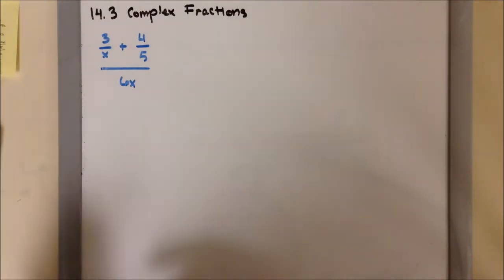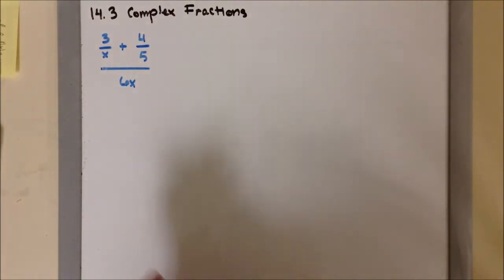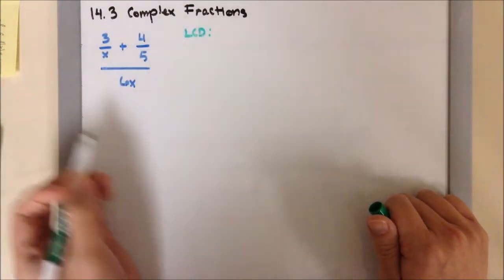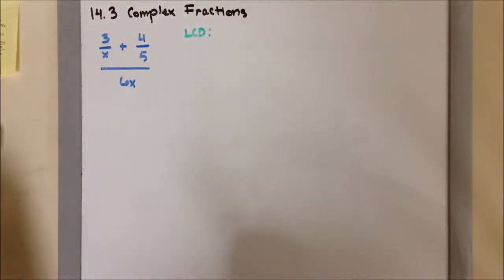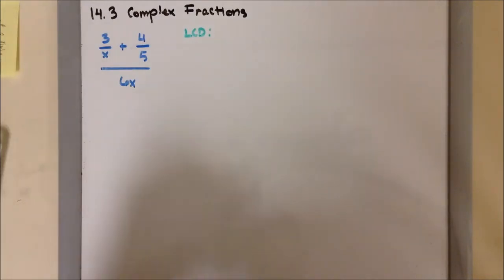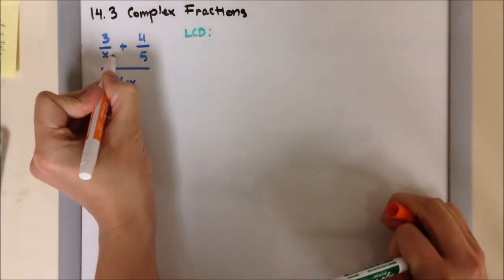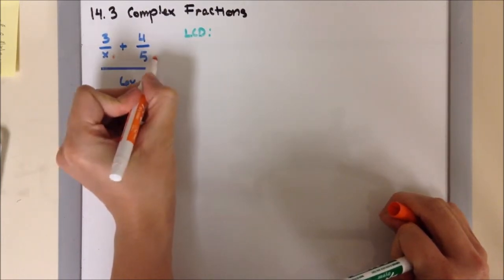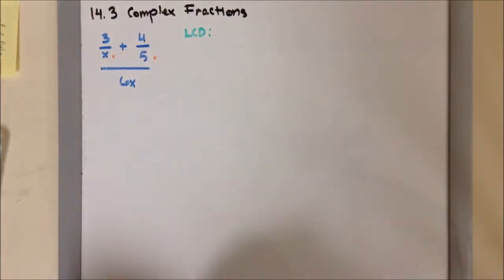And what we're going to do is first identify our LCD. So basically, you're just focusing on the denominators of the mini fractions. I marked the denominators we're going to focus on for the LCD, the x and 5.